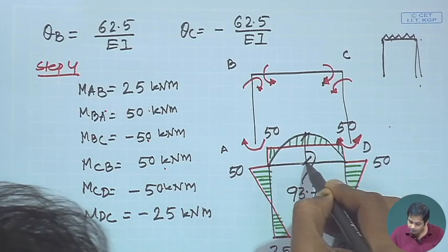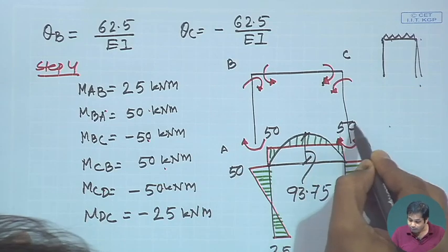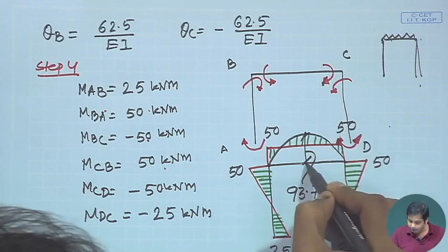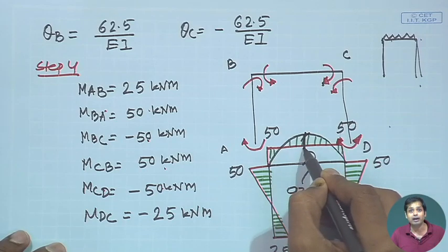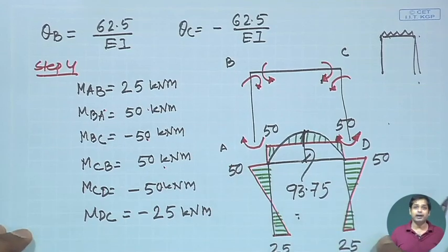So, the actual moment at this point will be 93.75 sagging, and then minus 50 which is hogging. So, the moment at midspan will be only this part, which is 43.75. So, this is the bending moment diagram.